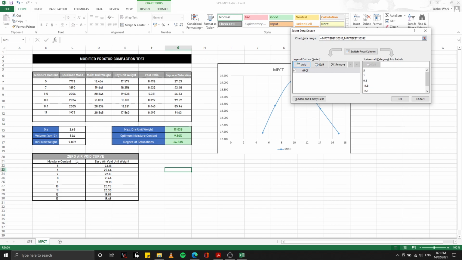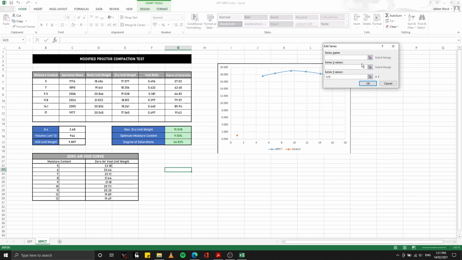Mag-add naman tayo ng ang ating curve for our zero air void curve. Zero air. For X values, itong moisture content. And ang Y values is ang ating zero air unit weight.